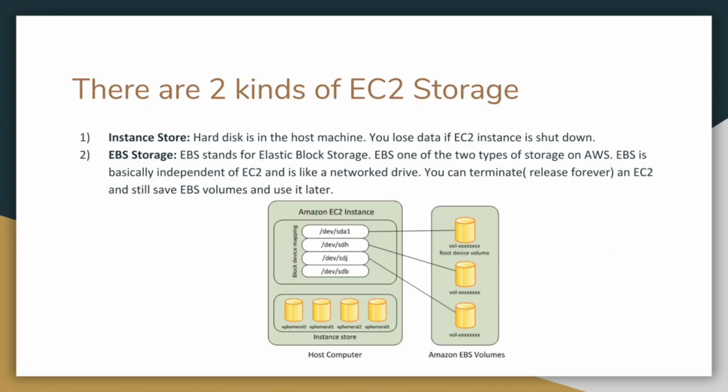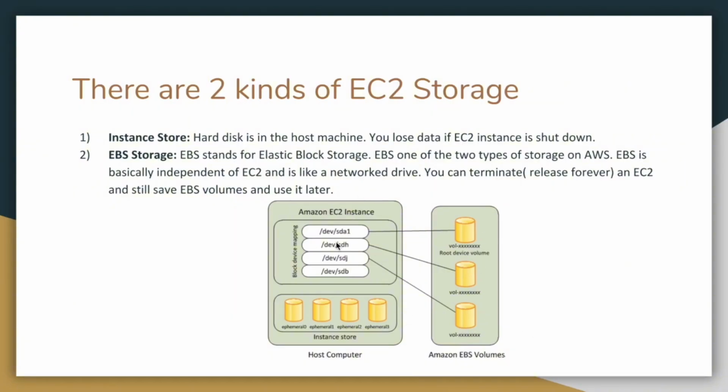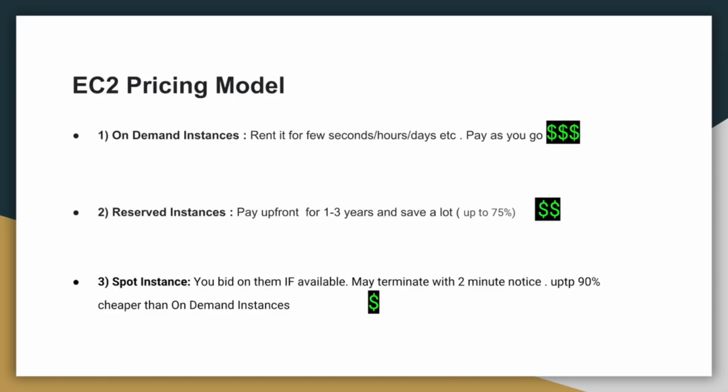On the other hand, EBS volumes are networked volume that live away from your physical machine, and you can add multiple EBS volumes to your EC2 instance. So you have two options to choose from when it comes to storage. Most of the times we will be using EBS volumes, but we do have a lab on instance store EC2 instance.